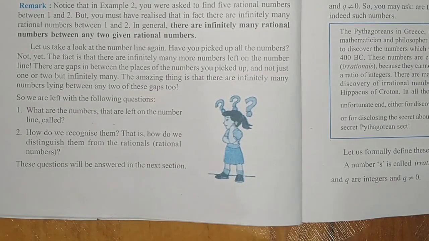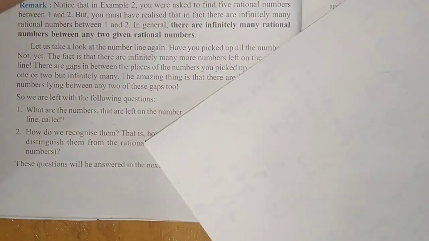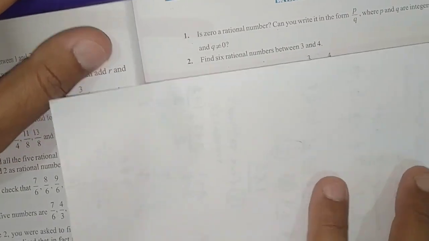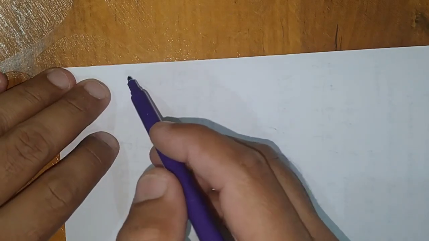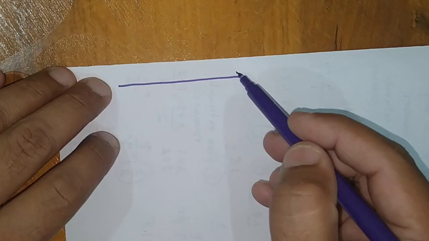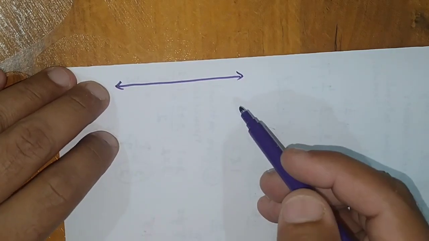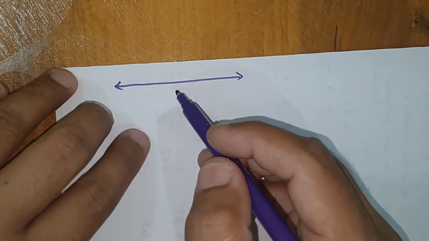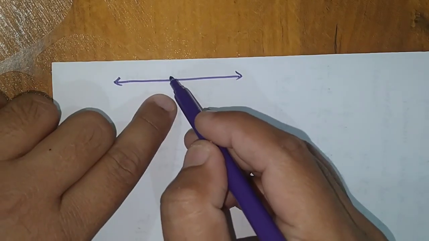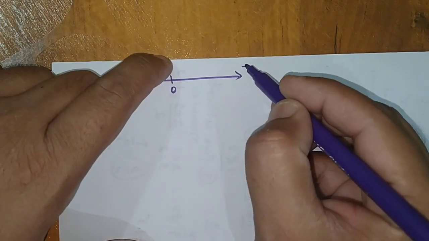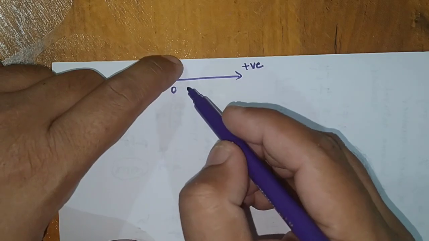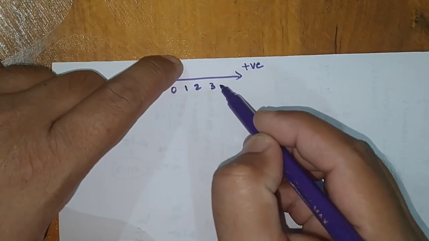So here, dear students, you know the number line, a line segment, in that you represent number 0. In the positive direction you will go with 1, 2, 3.